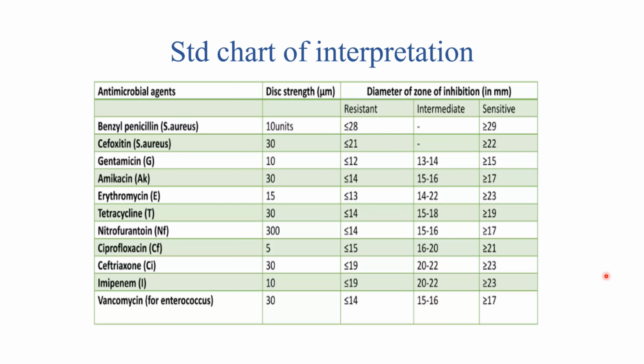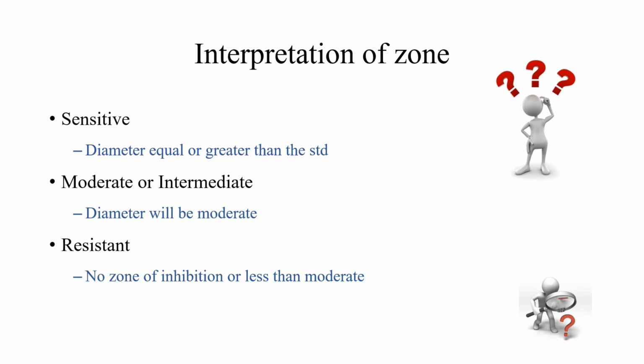That means whatever zone diameter we get, we will compare with the standard chart of interpretation, and we will give the result as whether the organism is resistant, intermediate, or sensitive to that particular drug. Interpretation of the zone: the result can be sensitive, moderate or intermediate, or resistant.